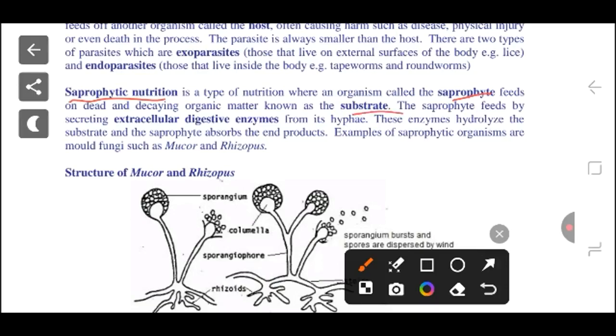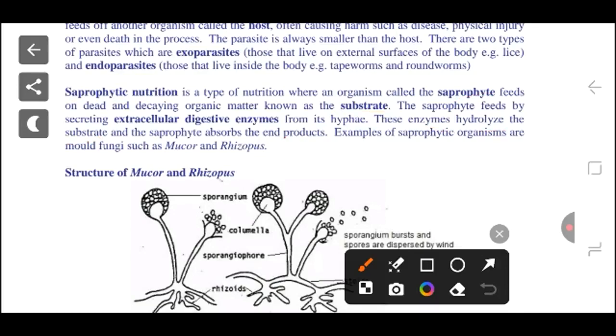The saprophyte feeds by secreting extracellular digestive enzymes from its hyphae. These enzymes hydrolyze the substrate, and the saprophyte absorbs the end products.